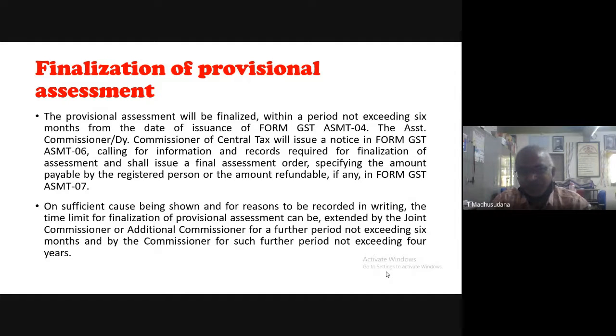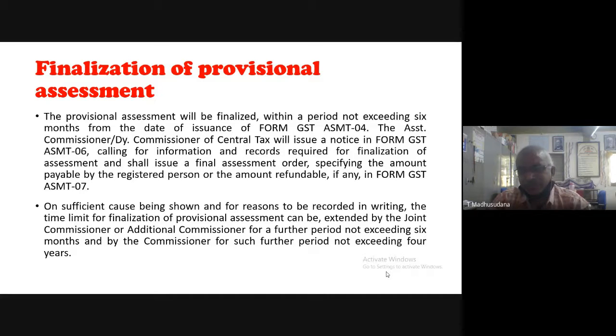The provisional assessment will be finalized within a period not exceeding 6 months from the date of issuance of Form GST Assessment 04. So the final assessment of the tax liability will be completed within 6 months from the date of issue of GST Assessment 04.